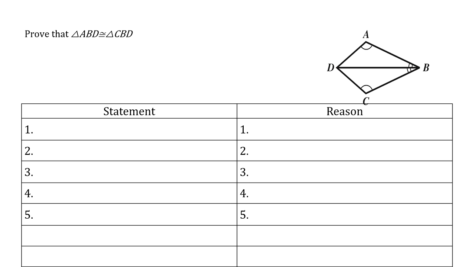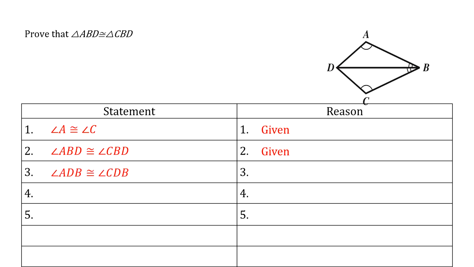But I'm gonna work through it with you if you want to do that. So we start with our givens from the picture. We have angle A is congruent to angle C. We see the one arc in each angle, so those are given. We also see that angle ABD is congruent to angle CBD. Again, we see the two arcs in the corner there for angle B. So that was our other given.